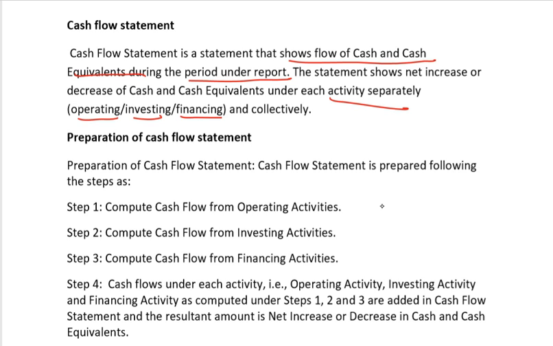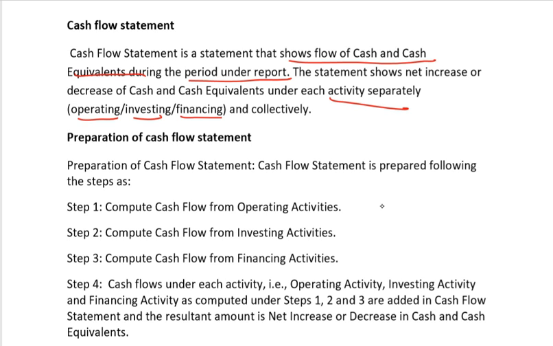Next, what is the investing activity? We want to invest our finance in long term assets, so fixed assets. That is the investing activity. If we have surplus funds, we can invest in outside securities also. That is the investing activity. If you are selling an asset and getting an amount, that is the inflow of cash.